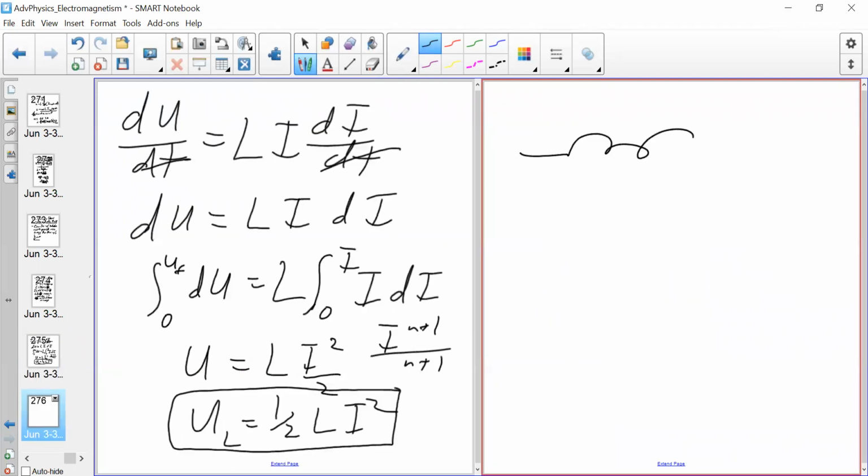Remember, the inductor is like a coil, current going around it, magnetic field going through, solenoid, and so the energy is in the red line. It's held within.